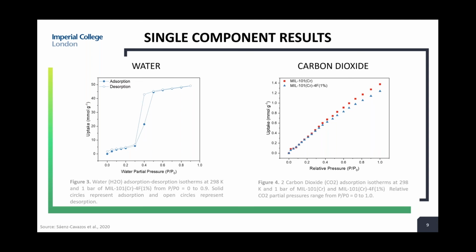However, since we're looking at post-combustion flue gas applications, we're only interested in partial pressures ranging from 0.05 to 0.2, where basically the uptake of both materials is the same, but the fluorinated material exhibits a higher hydrophobicity.